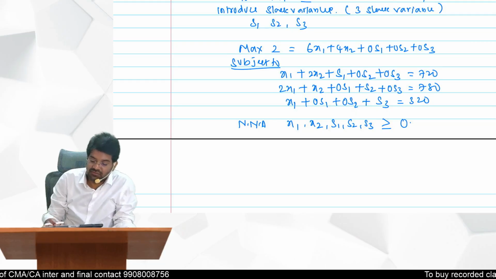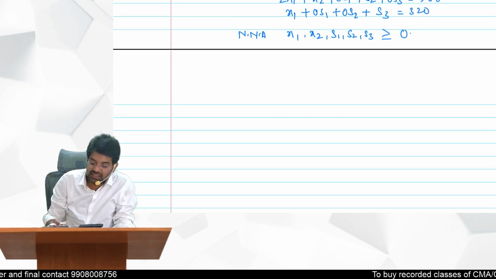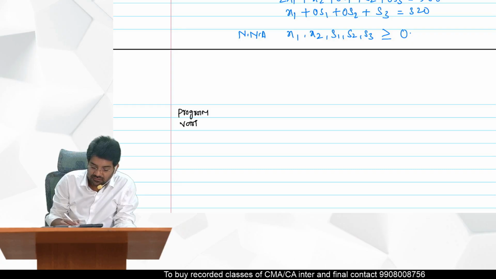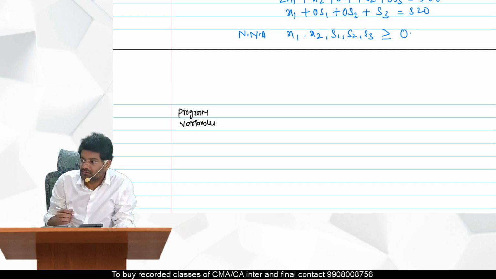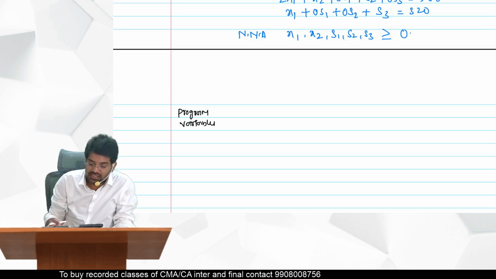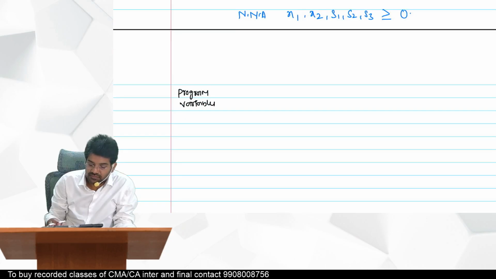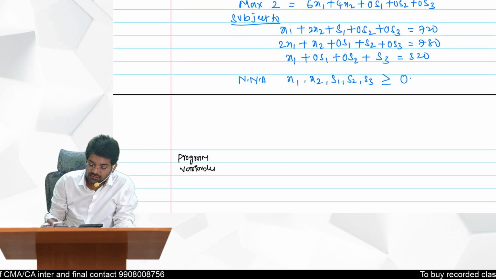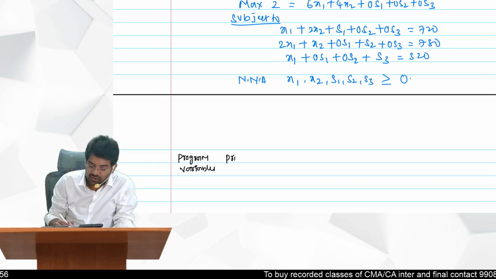Now in simplex table, first what we should do is set up the simplex table. This is the format. Program variables first we should take. Then the coefficients of those program variables in the objective function, the profit.